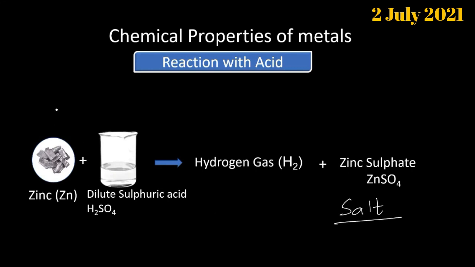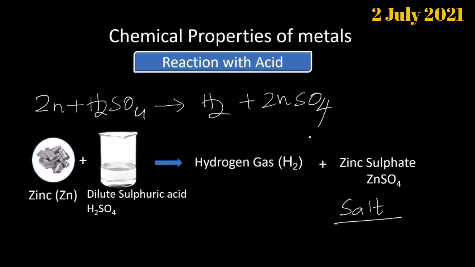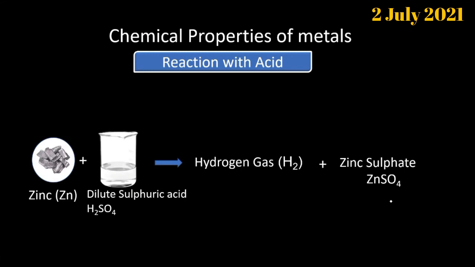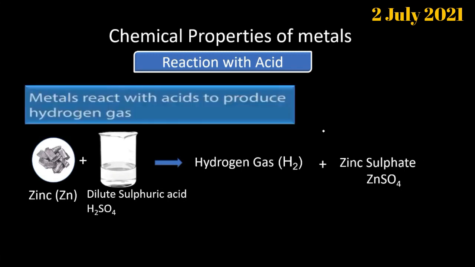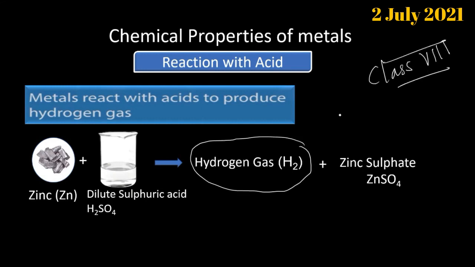So this equation is: zinc plus H2SO4 gives H2 plus ZnSO4. So what is this ZnSO4? Zinc sulfate, right? So what is the conclusion here? When metals react with acid, they give out hydrogen gas. That is a very important point as far as your class 8 is concerned. In 10th class you will study again. So this is the base for you.